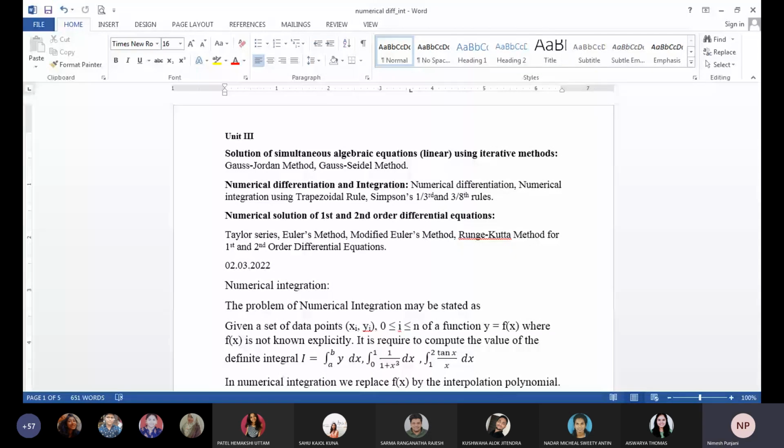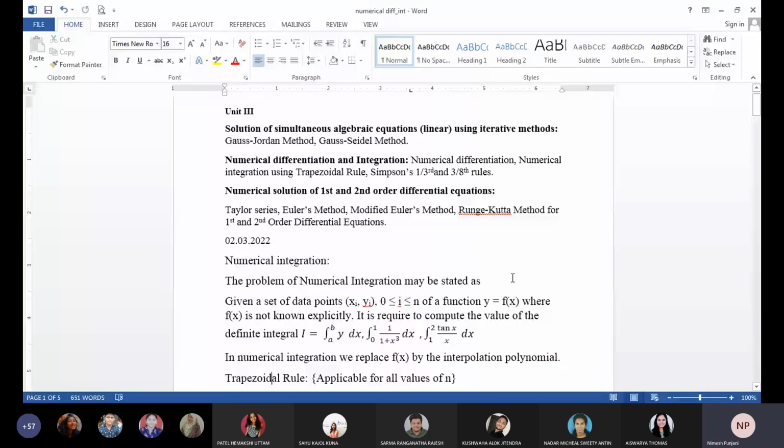One of the simplest examples we had taken was the integration of 1 upon 1 plus x cube. We can integrate 1 upon 1 plus x square. We can also integrate x upon 1 plus x cube. But it is not an easy task to integrate 1 upon 1 plus x cube. So for such kinds of integrals, we have to go for the numerical integration technique.